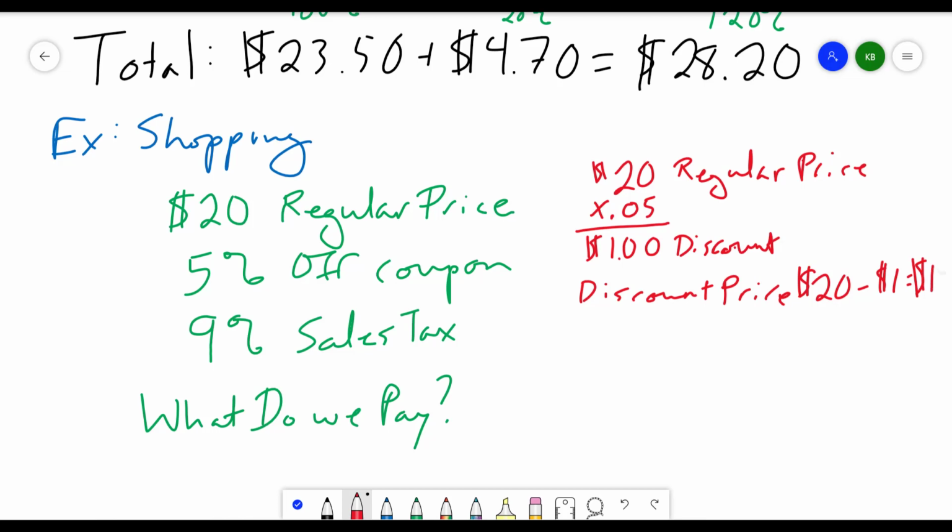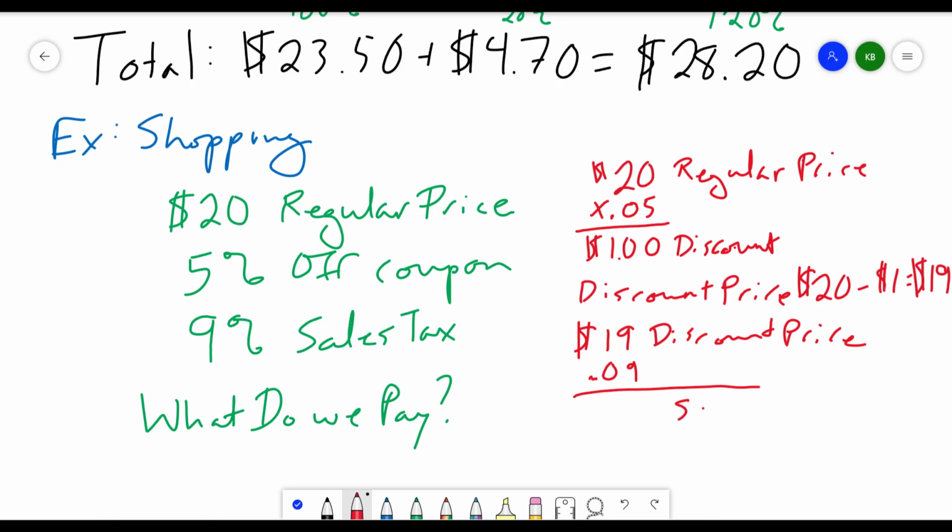or $19. All right, so now I'm going to take my $19 and I have to pay 9% sales tax on it. So I need to figure out, this is my discount price, and I'm going to take my 9% for my sales tax rate to figure out what my sales tax is going to be.